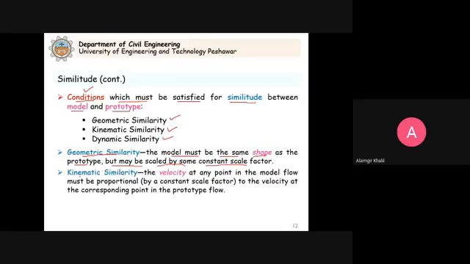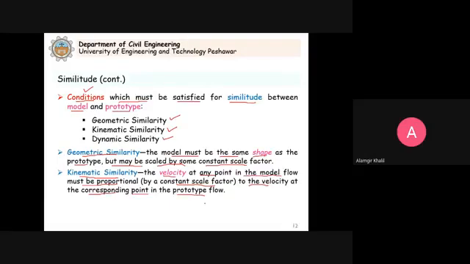The second thing is kinematic similarity, which means that the velocity at any point in the model flow must be proportional, by a constant scale factor, I will explain what we mean by this scale factor, to the velocity at the corresponding point in the prototype.